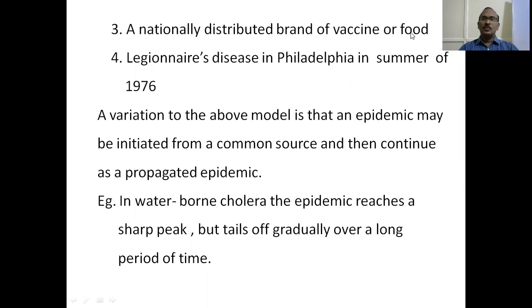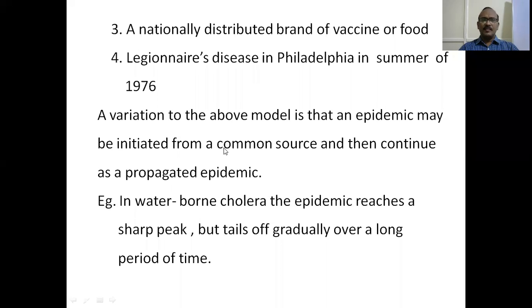Those who consume the food repeatedly, without knowing whether it is infective or poisonous, can develop this type of epidemic. Likewise, Legionnaires' disease in Philadelphia, which occurred in the summer of 1976, is also an example of continuous or multiple exposure.